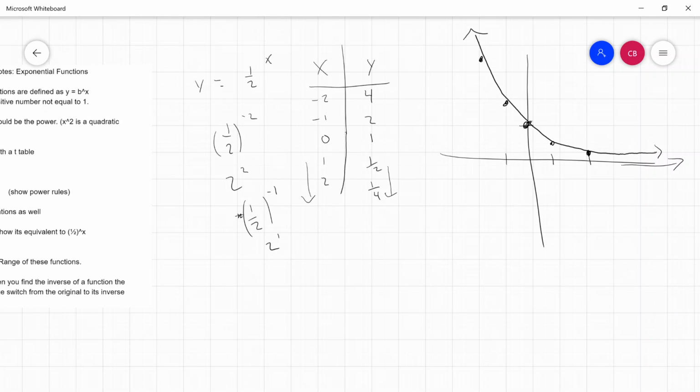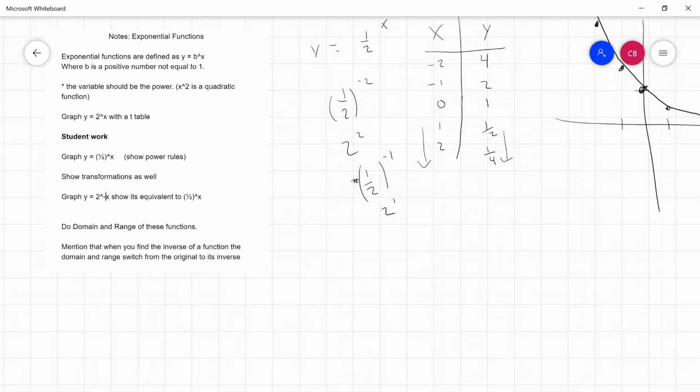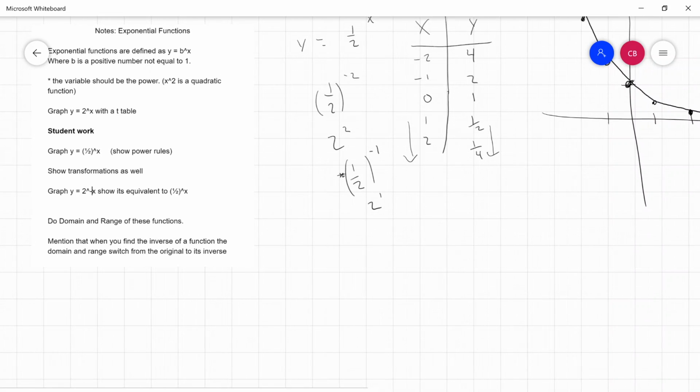What about if we have y equals 2 to the negative x? Let's try that. X, y, negative 2, negative 1, 0, 1, and 2.